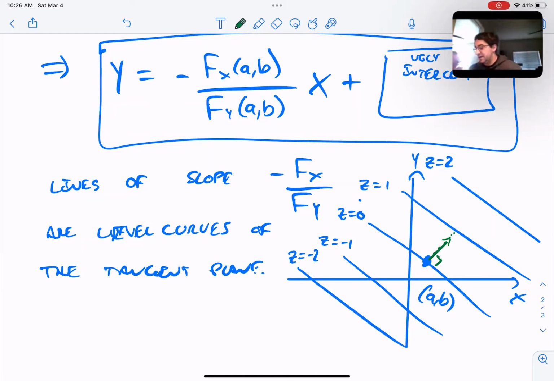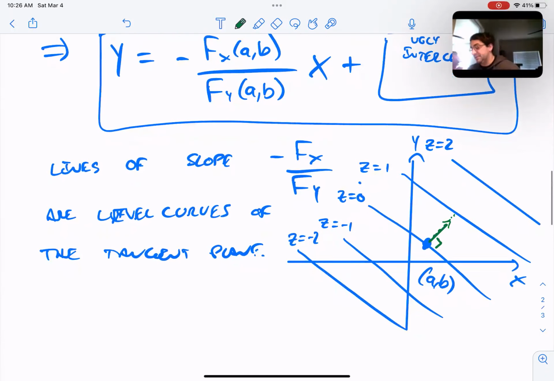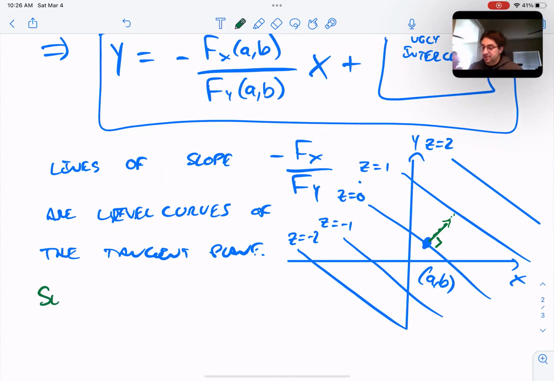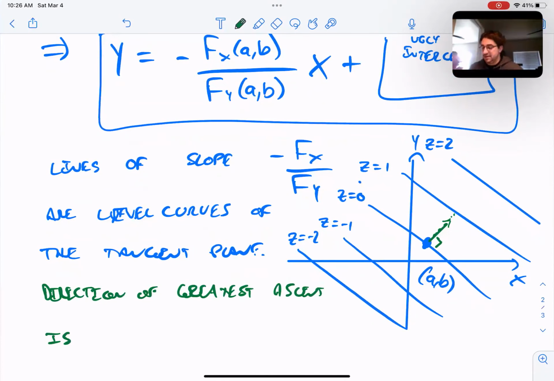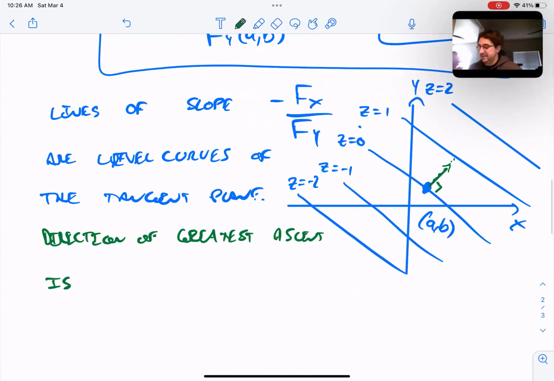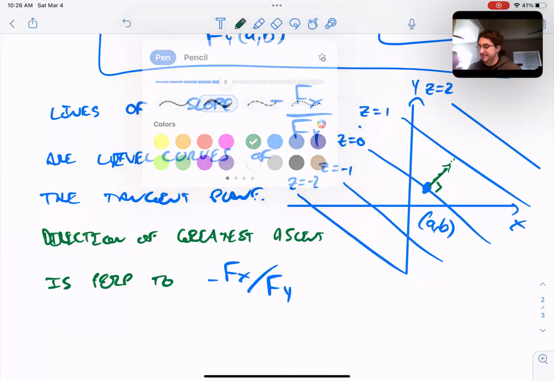So that direction right there is going to be the steepest rate of ascent. You're going to walk uphill as quickly as possible there, right? So the slope, which is here, let's say the direction of greatest ascent, is going to be perpendicular to the slope of the level curves, right?